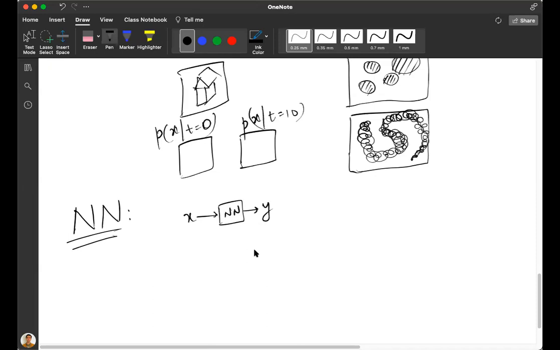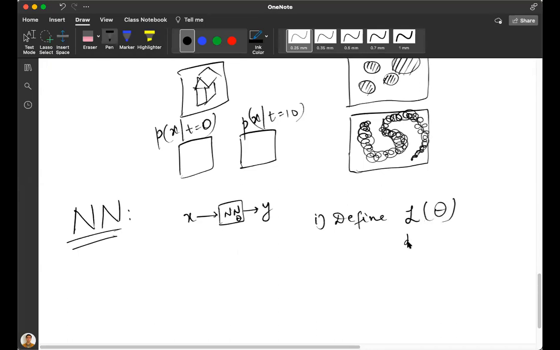So how do you train a neural network? Anybody? We use a loss function to optimize the values. Very good. So number 1, you define a loss function. Theta is the network parameters. Define a loss function, which is a function of theta.